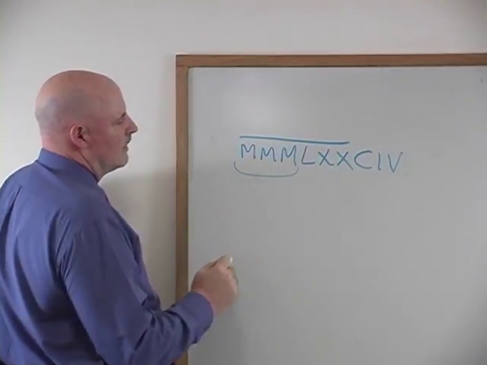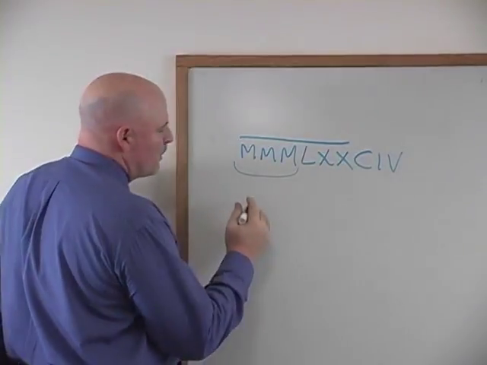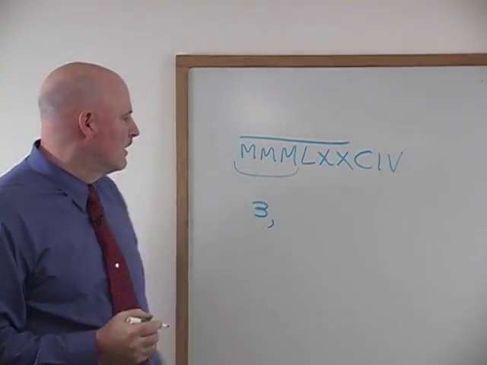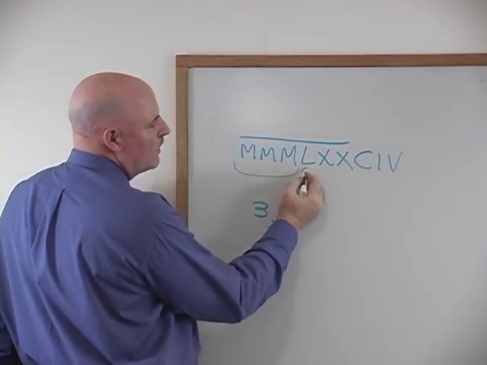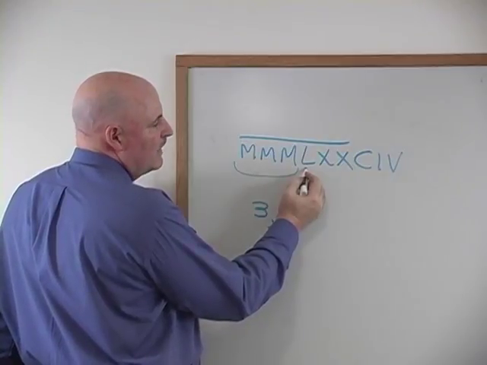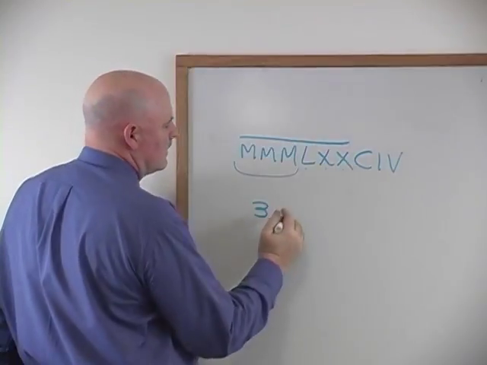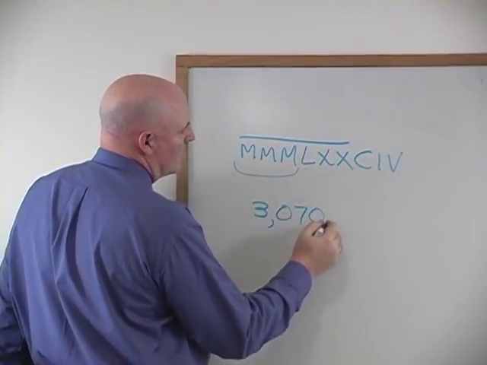3 M's, what's that? 3,000 thousands would be 3 million. 3 million. Or if you want to, you could write it out 3 million. Let's just write it in. What would this be? L is what? 50, 60, 70,000. So there's no 100,000, so it'd be 70,000.